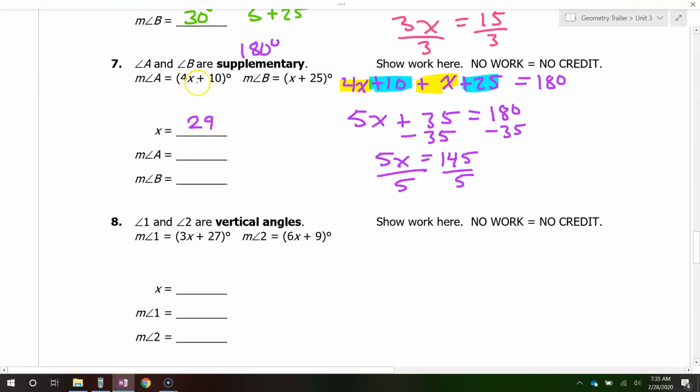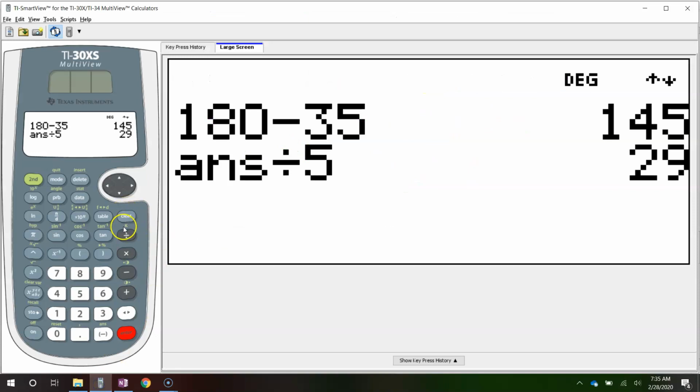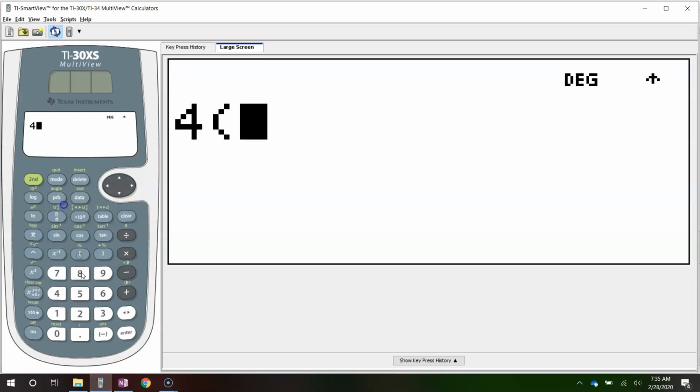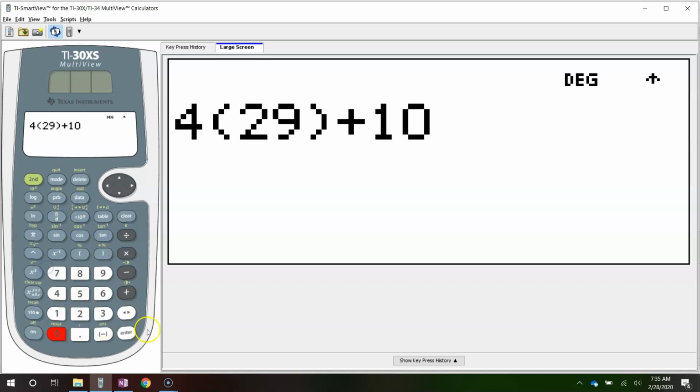So angle A is 4x plus 10. So that would be 4 times 29 plus 10. That's 126.